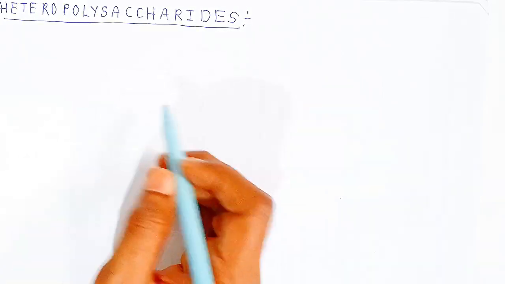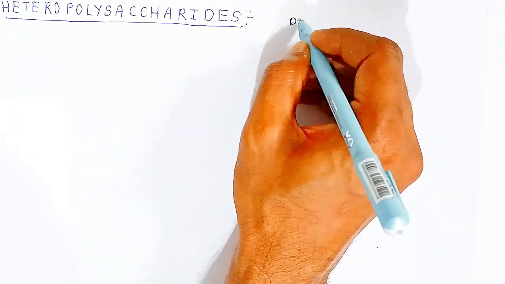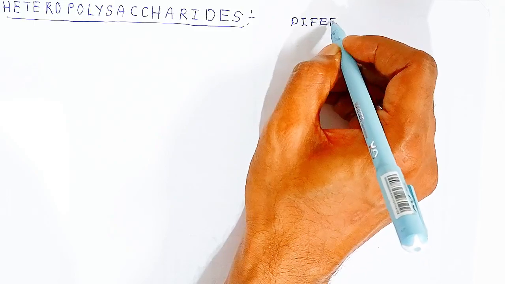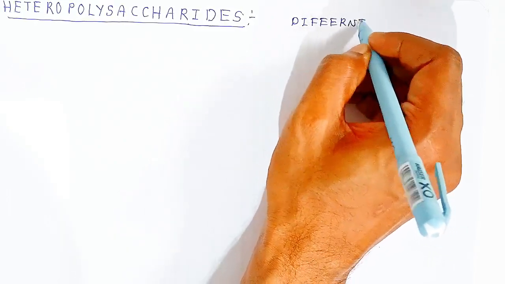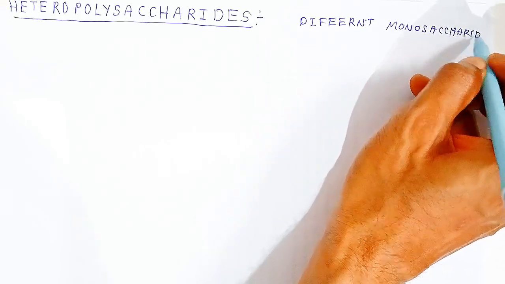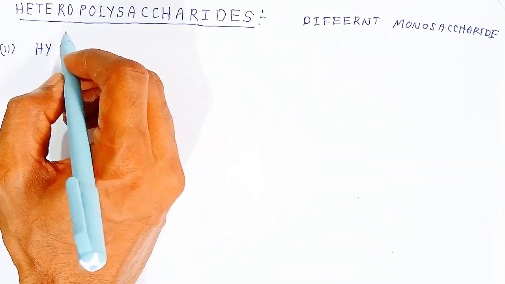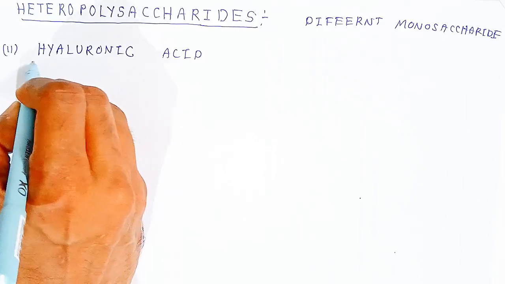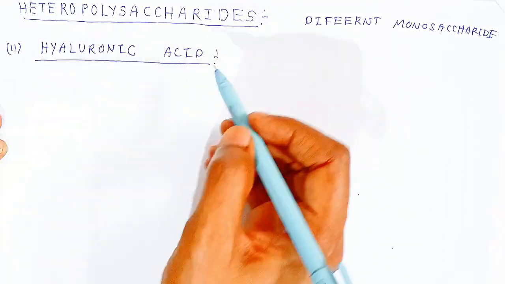Now we are going to see the heteropolymer example, students, where different monosaccharides are used. Different monosaccharides are present, students. We are going to see the structure of hyaluronic acid. We have two monosaccharides.